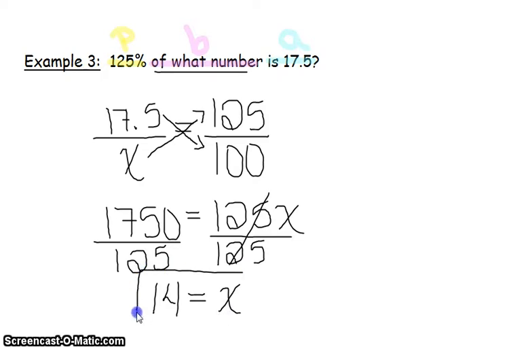So what this tells you here is that 17.5 is 125% of 14. And 125% is more than your typical 100% that we see as a cap. So it does make sense that the part, the 17.5, is greater than the original base amount.